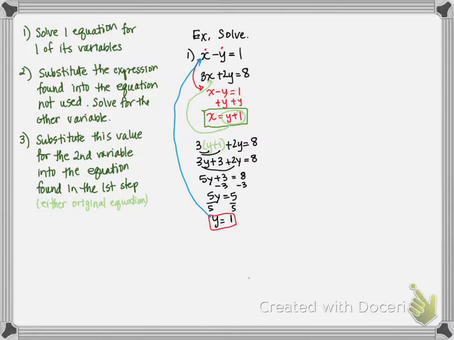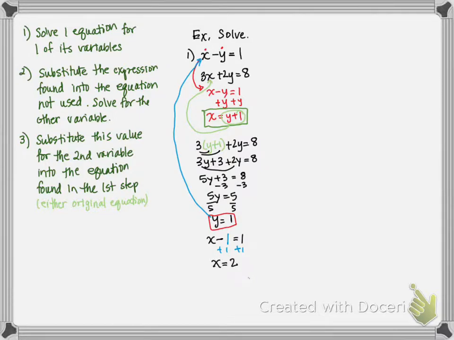So now I'm going to keep x, and then minus, and then y is going to be the 1, and then equals 1. And then I just solve. I'm going to add 1 to both sides, and I get x equals 2.